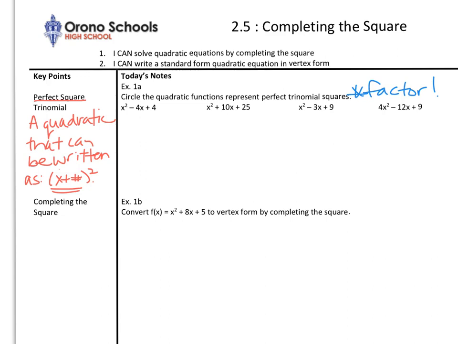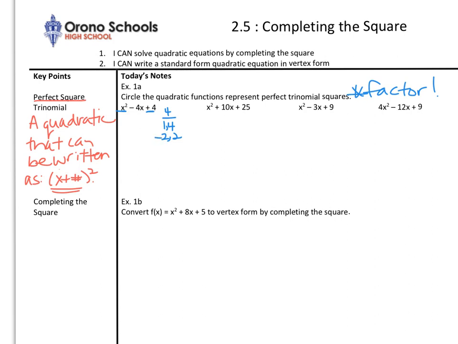When we first look at that, we have to recognize that the a value is 1, so that's good. We'll then split apart the 4. We know 4 can break down into 1 times 4 and 2 times 2. Now we need to figure out how to multiply those two values to get positive 4, but then when we add, they have to get negative 4.